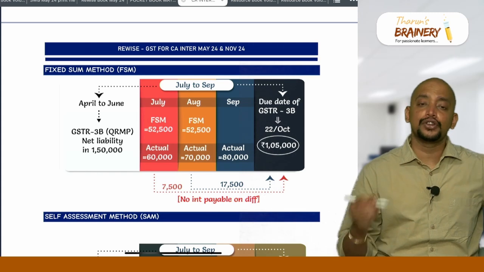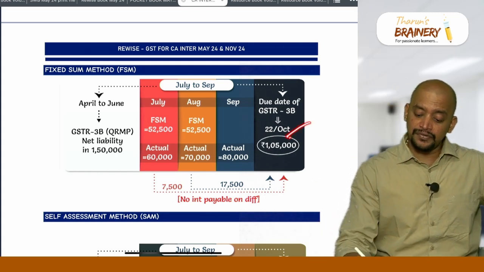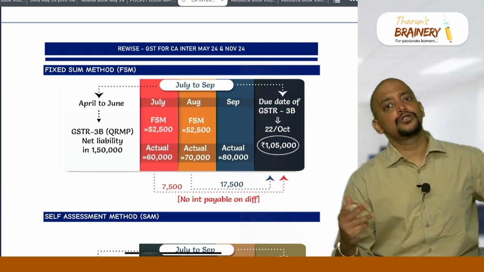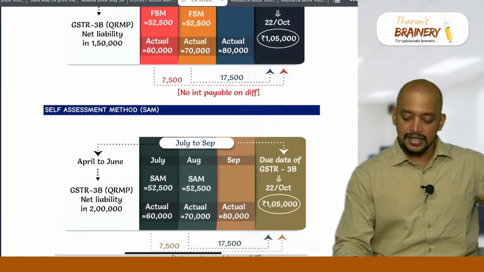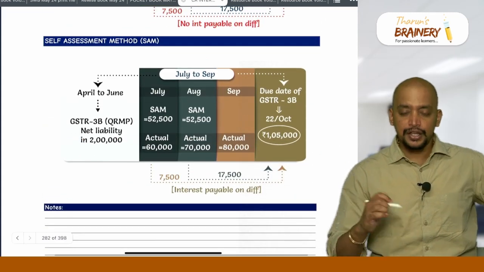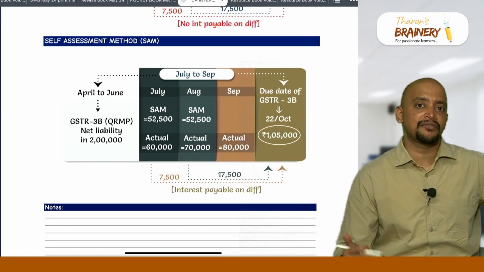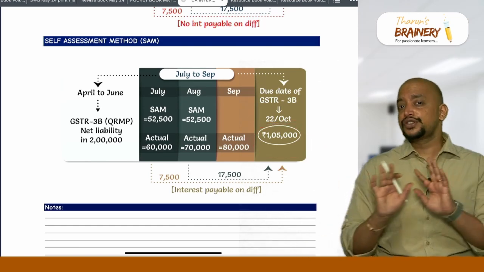By when do you need to pay this 1,05,000? 22nd or 24th. If there is any delay in paying it by filing 3B, then interest will also be attracted for every day of delay at 18%. Same way here also, under the self-assessment method, you have to pay 1,05,000 by 22nd October, otherwise interest will be payable. These two interests are common.